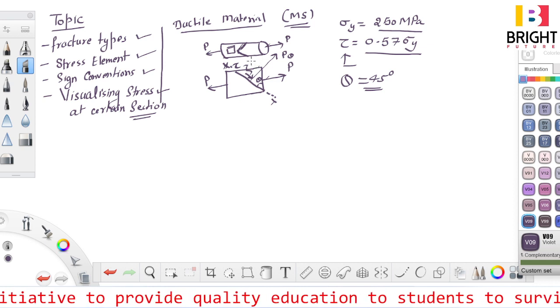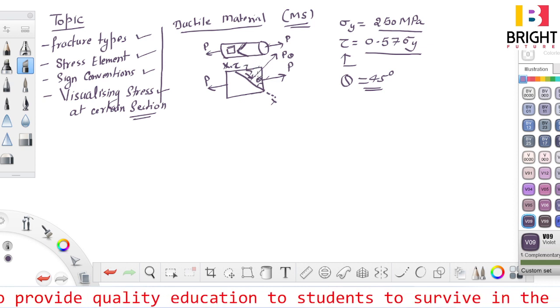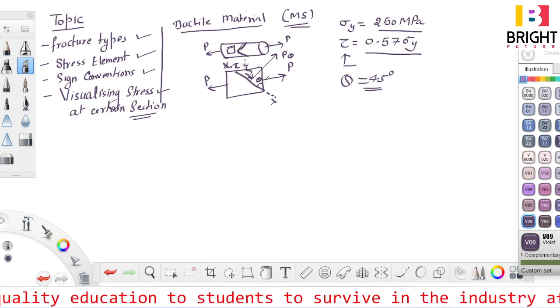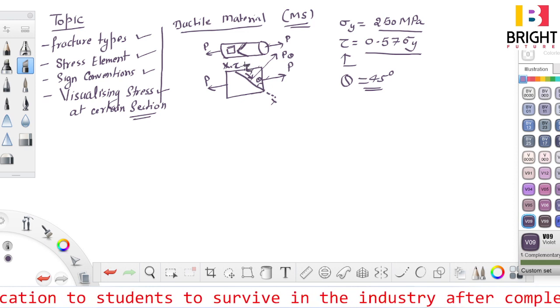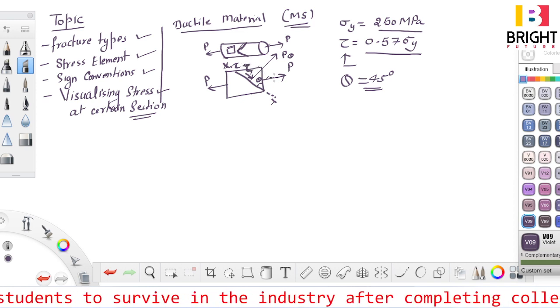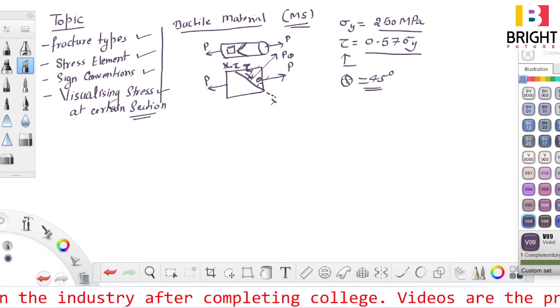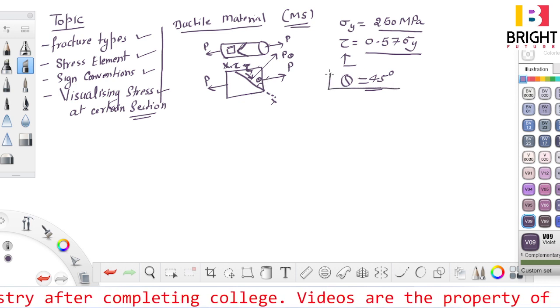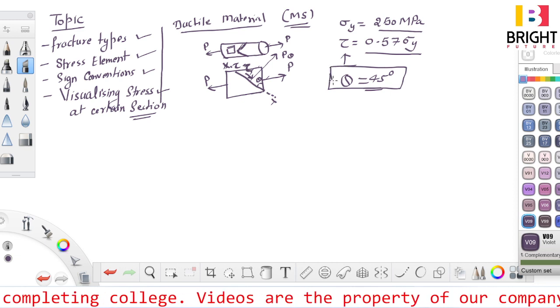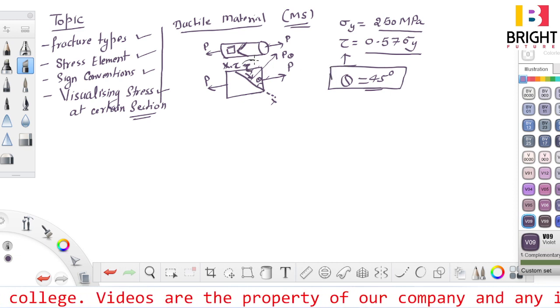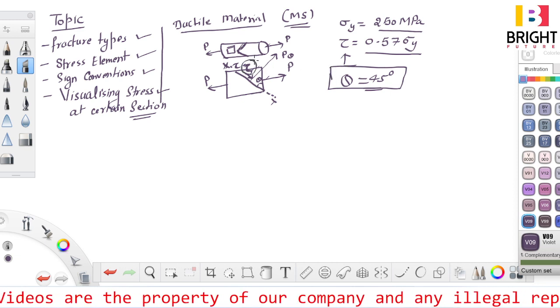Now, what should be the angle theta at which this tau is maximum? This is the question. After calculation, we will find that at a theta value of 45 degrees, this tau value is maximum.